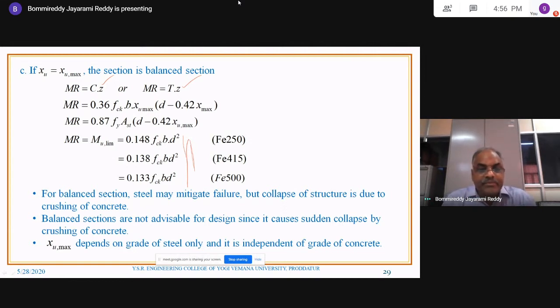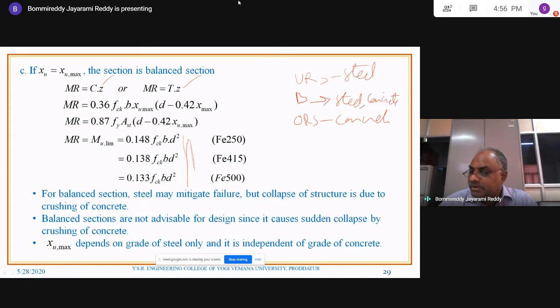For balanced section, steel may yield first, but collapse of the structure is due to crushing of concrete. So in under reinforced section, steel fails. In over reinforced section, concrete fails. In balanced section, both steel and concrete fail.